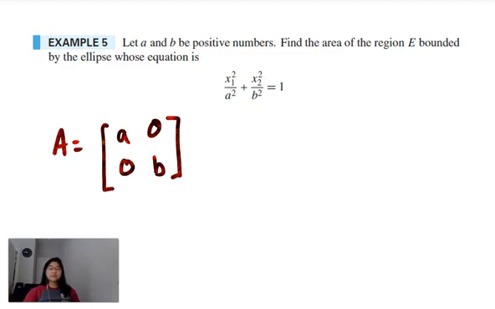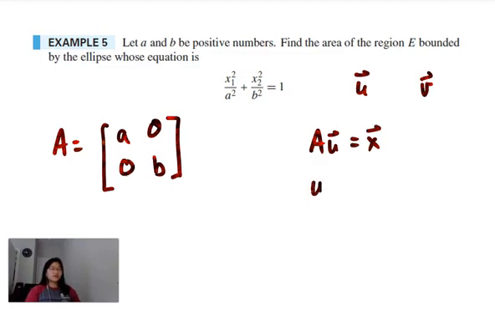And then suppose that we have vector u and vector x, where u is going to give us x.